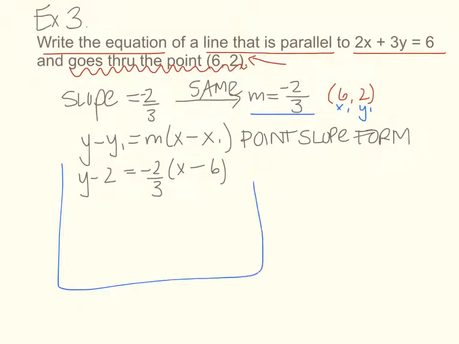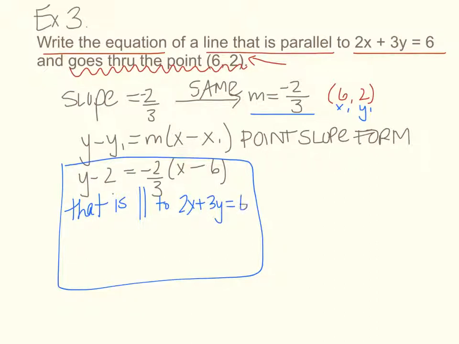And this right here is an equation that is parallel to 2x plus 3y equals 6 and goes through the point 6, 2. And you can verify that. It's parallel because it has the same slope and it goes through the point 6, 2.